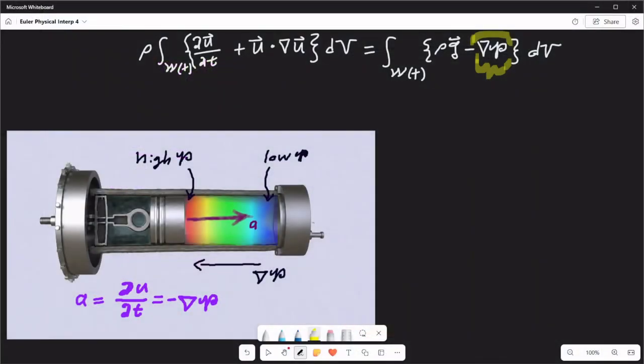So, going over this real quick, it could actually just lead to acceleration, turn into acceleration.